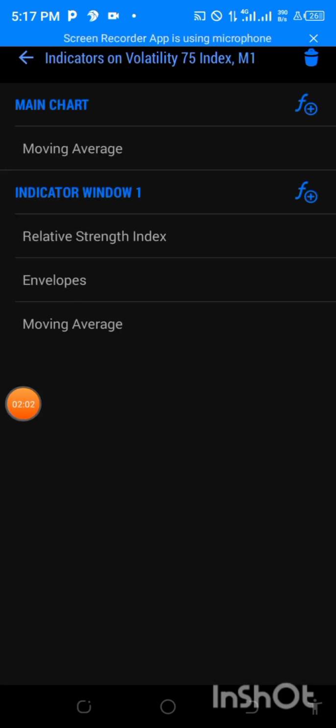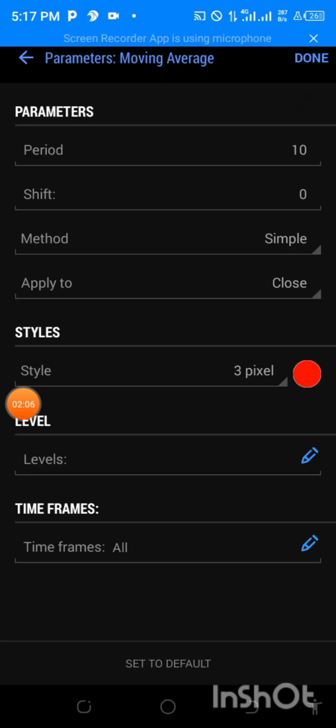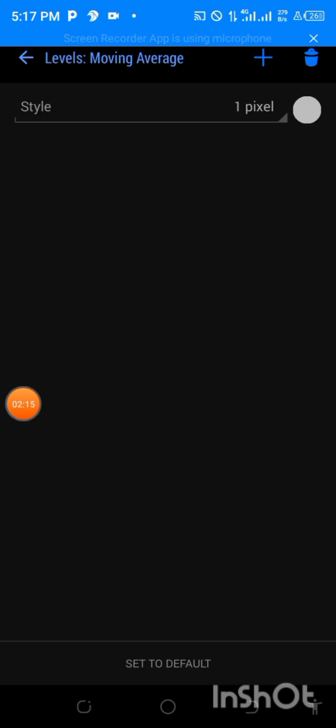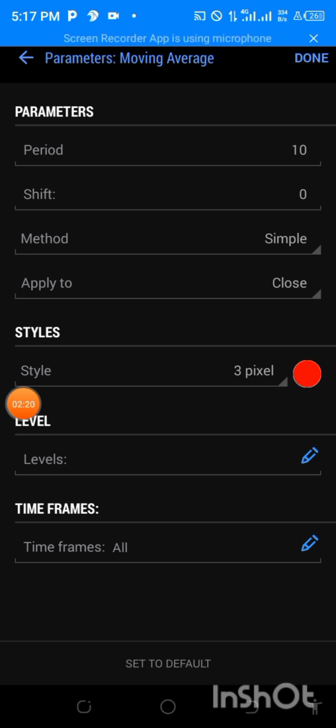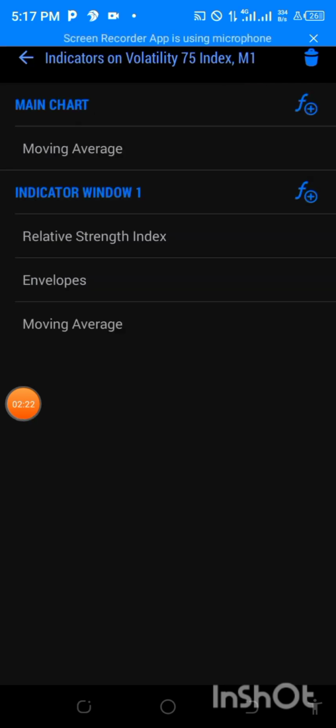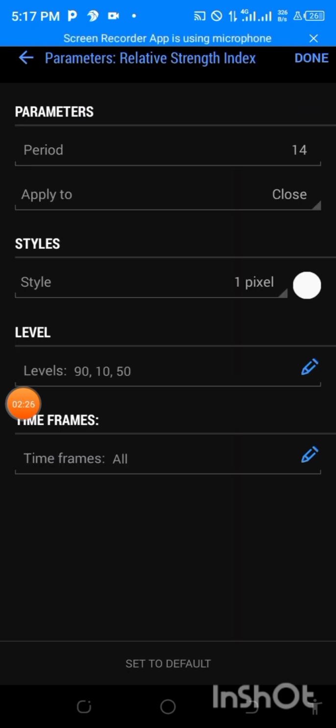So guys, let us show you our indicator setups. There's a moving average: period is 10, shift 0, method is simple, apply to close, style is 1 pixel, time frame is all. Then let's go to our indicator window. Our relative strength index: the period is 14, apply to close, style is 1 pixel, upper level is 90, lower level 50, time frame is all.